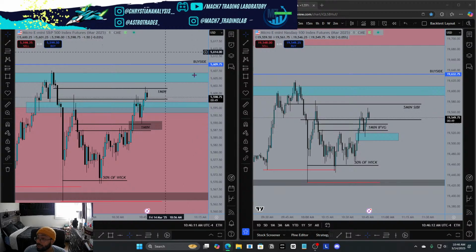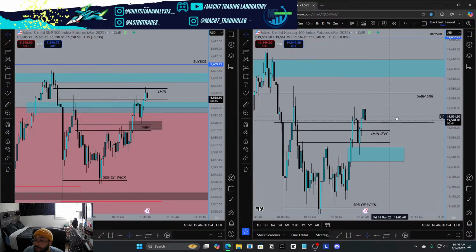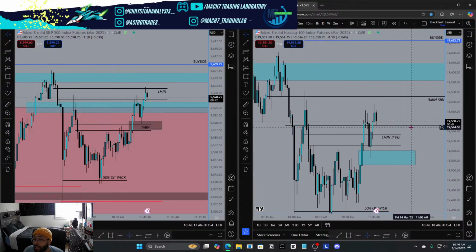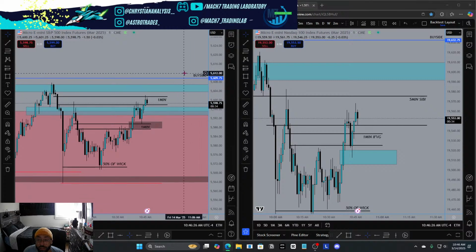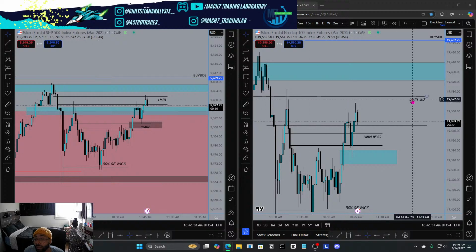All right, so currently right now we have this small 1 minute in here. So pay attention to this. I'm not gonna mark it because I already have too many things marked up. So it's looking like ES is gonna be the one taking out buy side.